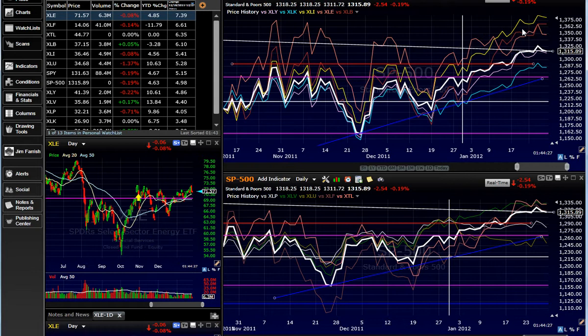So I can actually start to look at where the leadership of the market is. I can also look at the laggards and how badly they are lagging. Like here at the bottom, the XLU, you can see the downturn, even though the S&P 500 has not turned down. We can see right here that XLU has turned lower along with XLP.